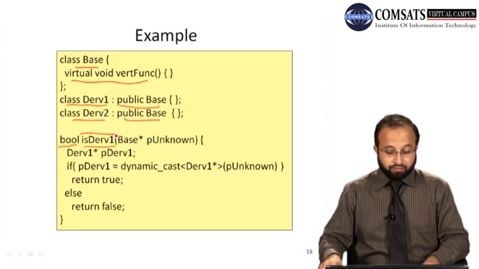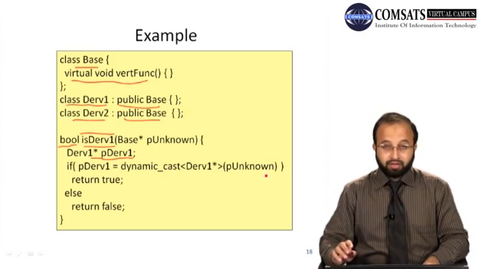From the main we can call this function. Okay, now the base class pointer, we will pass that pointer to that function. It creates a pointer of drive 1 class, and then it will check p drive 1 is equal to dynamic cast p unknown. So it will try to convert that p unknown into drive 1, right?